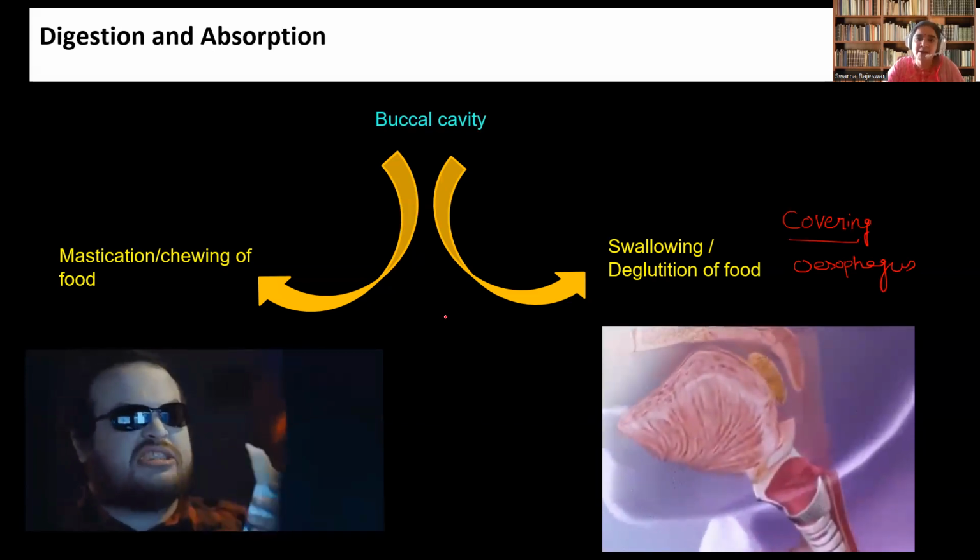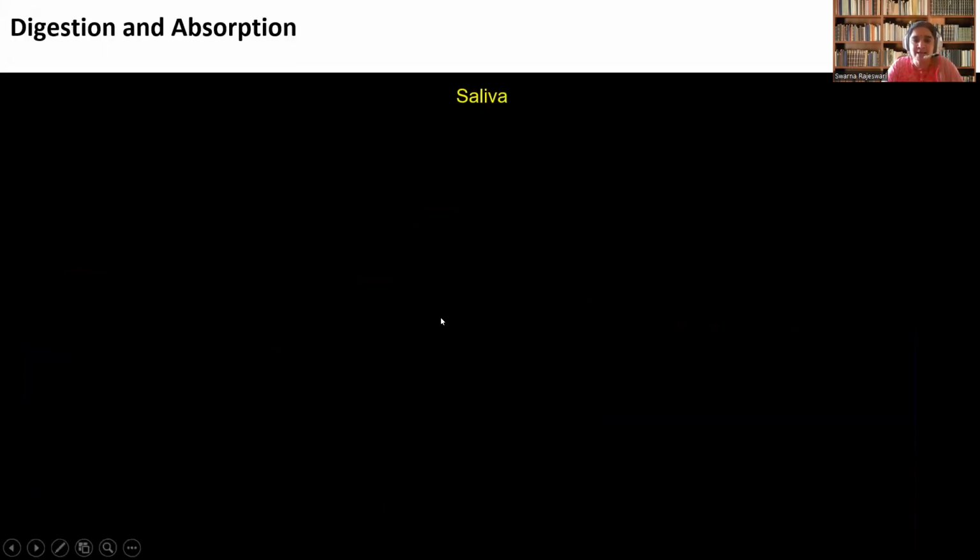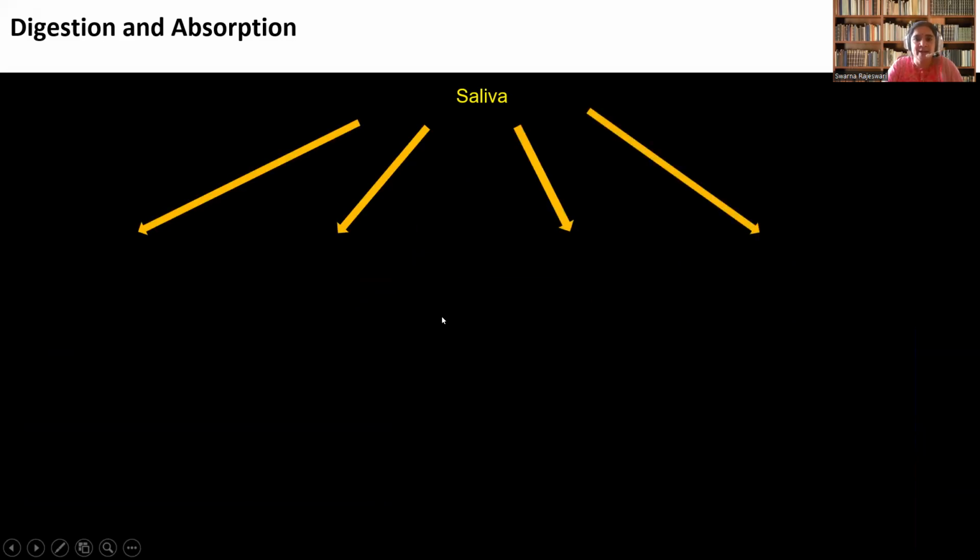Now, in the buccal cavity, we know that the food is also mixing with saliva. Saliva contains four substances: mucus, electrolytes, salivary amylase, as well as lysozyme.